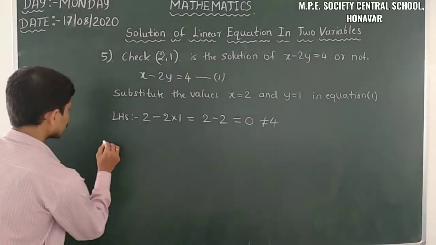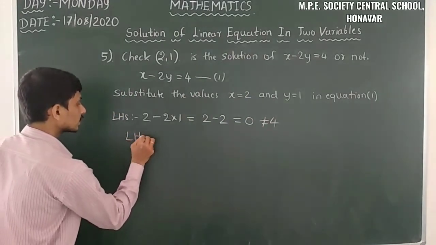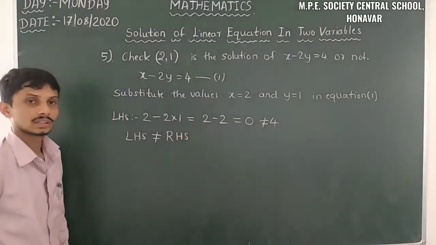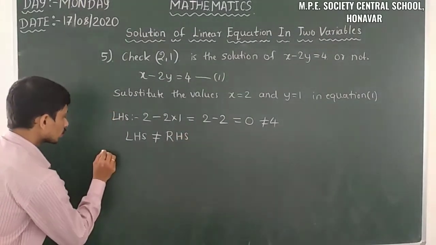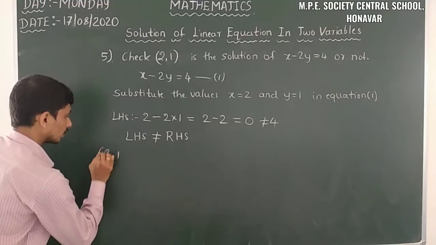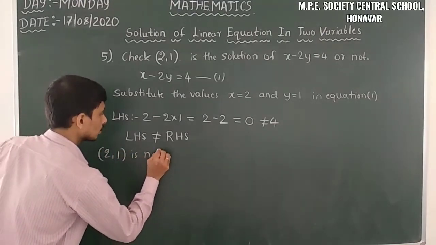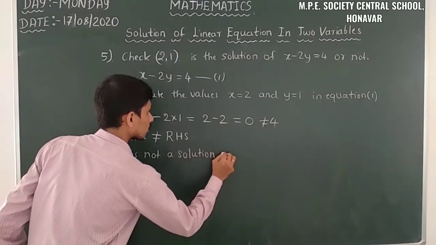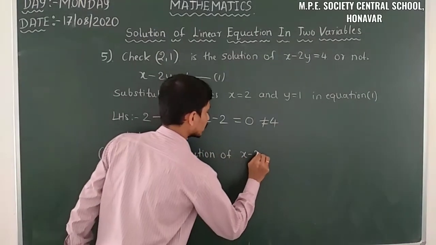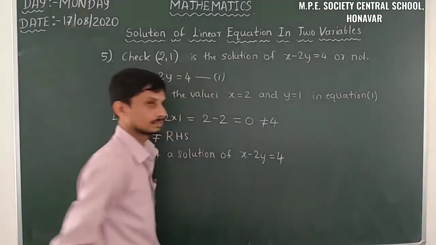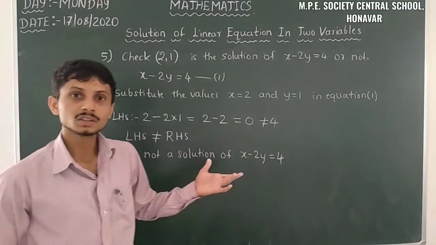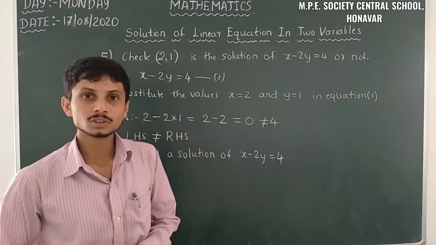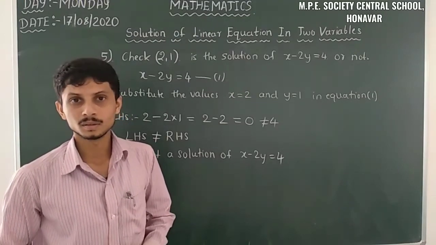Therefore, LHS is not equal to RHS, so 2 comma 1 is not a solution of x minus 2y is equal to 4. So this is the solution of this type of problem. Let us move on to the next.